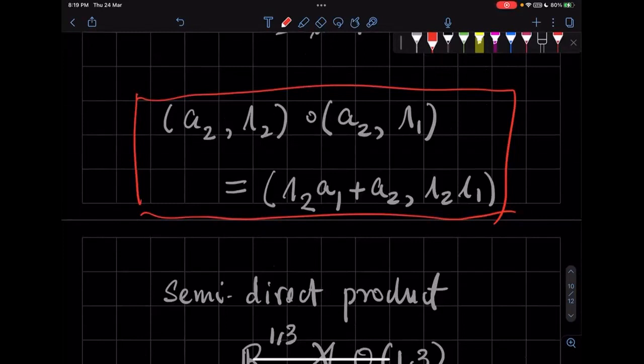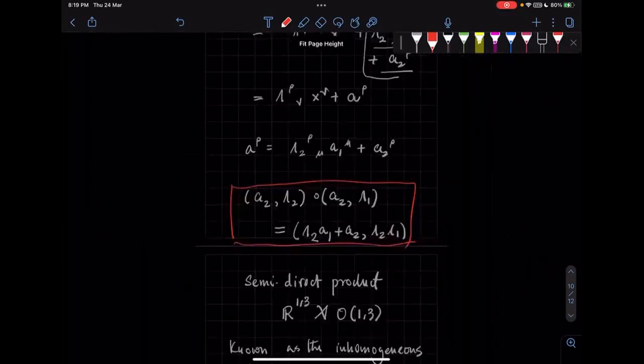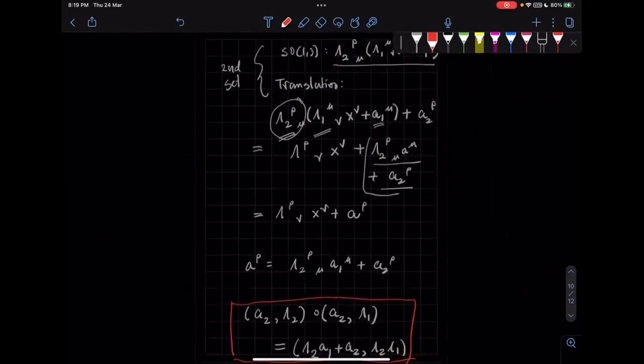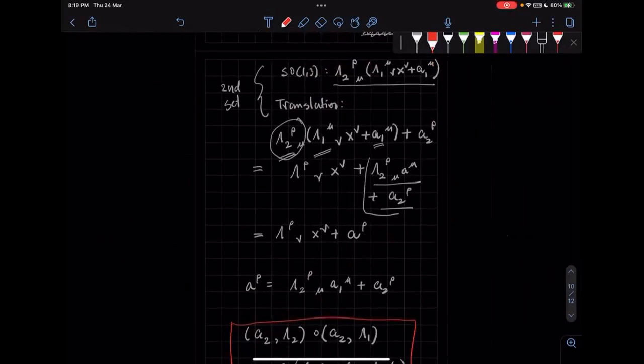Sure. So you wrote this as R^{1,3} and O3. So those lambda transformations, those are a part of O3. Yeah, it could have been, exactly, O(1,3). So why not the special group here, sir? Like why not SO(1,3)?